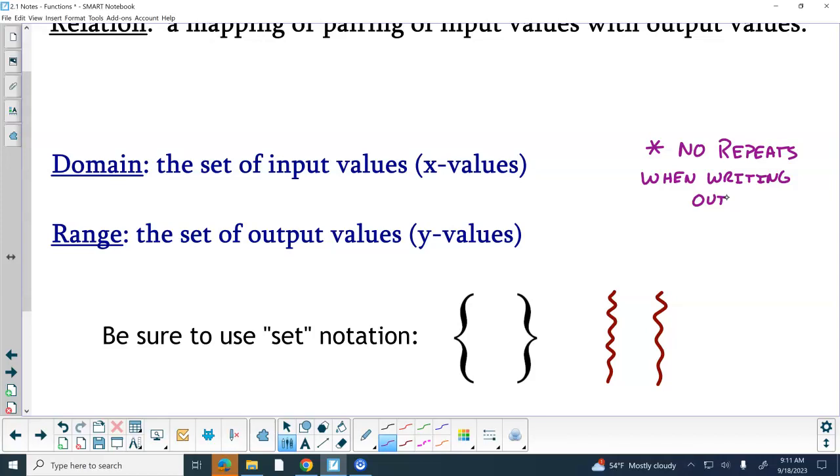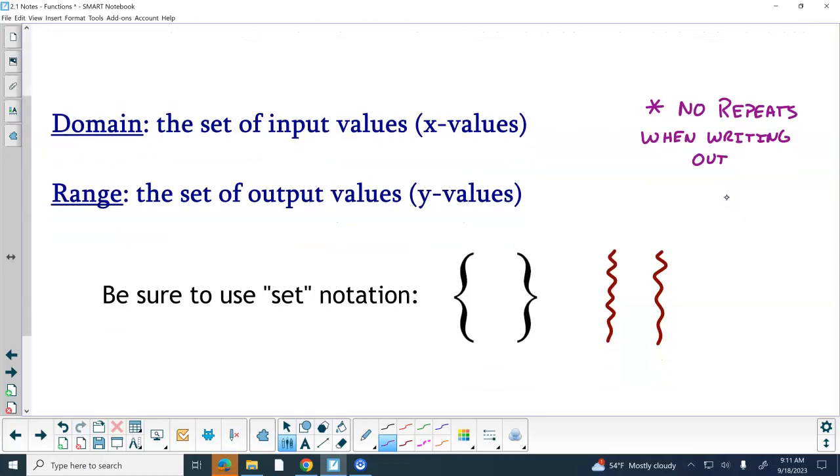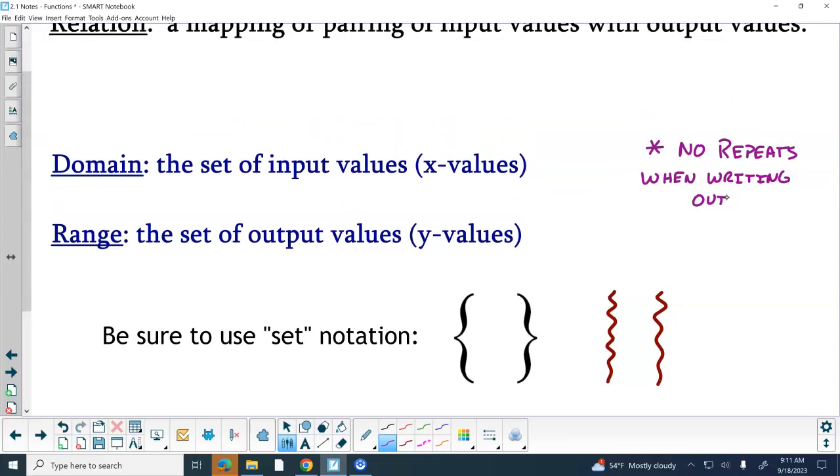There can be repeated values in the domain and in the range, yes, but when we're writing it out, we don't write down like -4, -4, 5, 5, 7 as our domain. Okay? We don't do that.